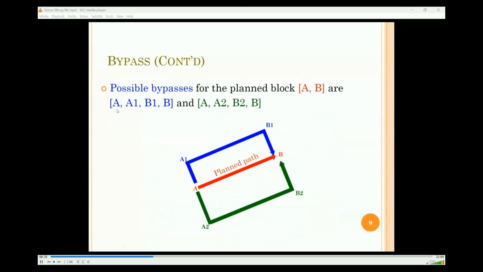A1, B1, B is one possible bypass. The other possible bypass for the planned block AB is A2, B2, B. Actually, there are many other possible bypasses.